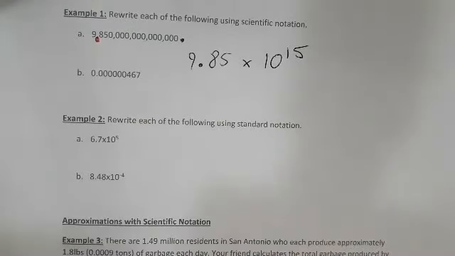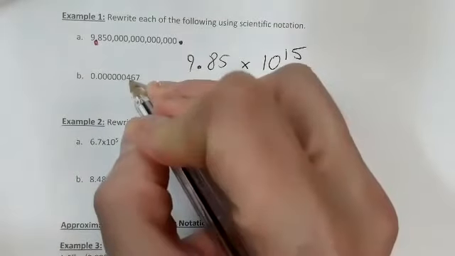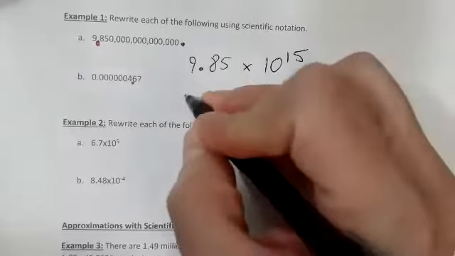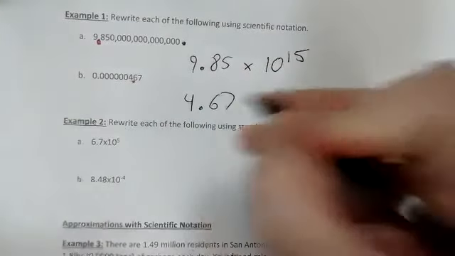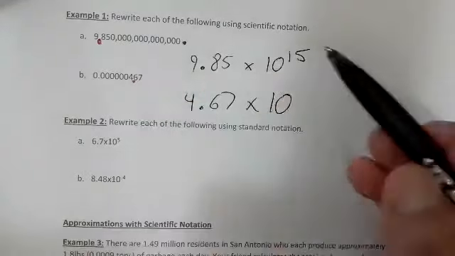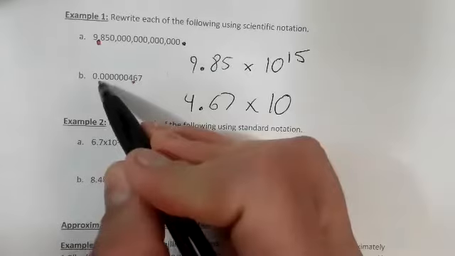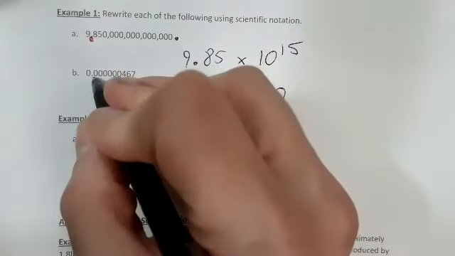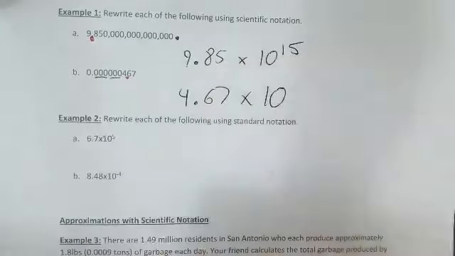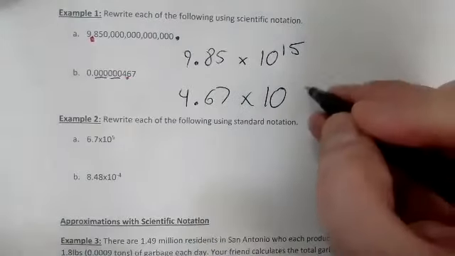So we will start the decimal starting there. I want to end there so that my number looks like 4.67. Multiply this by 10 to a power. So if I move the decimal left, it's positive, but if I'm moving the decimal right, 7 spots that I moved it.